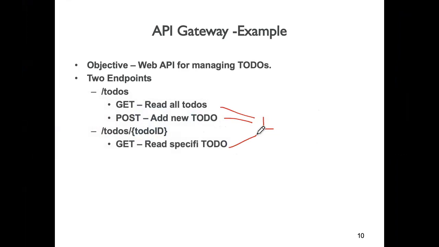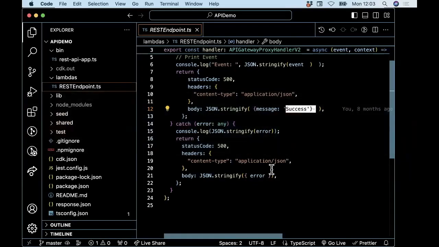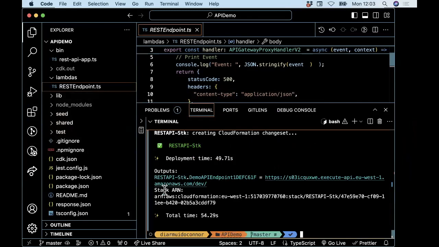There's no database. And the reason I did that is because we're not really interested in the Lambda in this discussion. And I have already done a CDK deploy. I haven't shown you the infrastructure code yet, but I've done a CDK deploy.